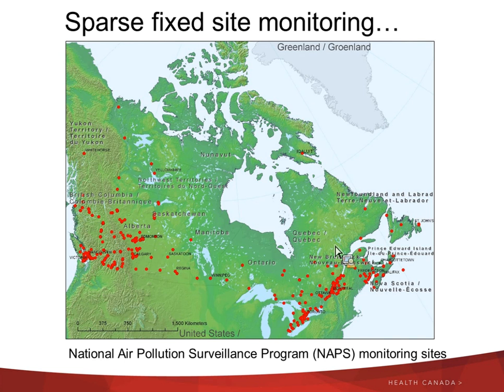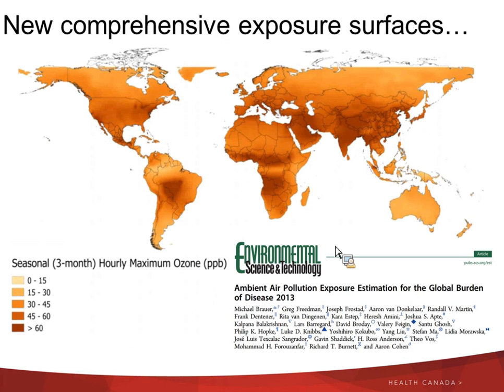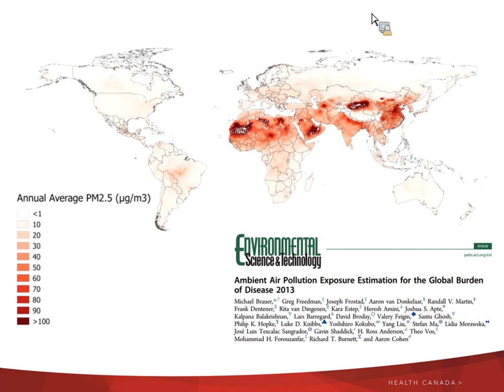But with these new methods, we now have comprehensive exposure surfaces. This shows a surface for ozone, which Mike Brauer and others published and which was used in the Global Burden of Disease assessment. It is a globally comprehensive surface, with the exclusion of only some areas in the extreme north and south. And similarly for PM2.5, or fine particles.